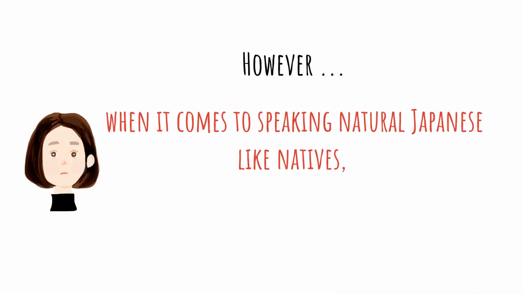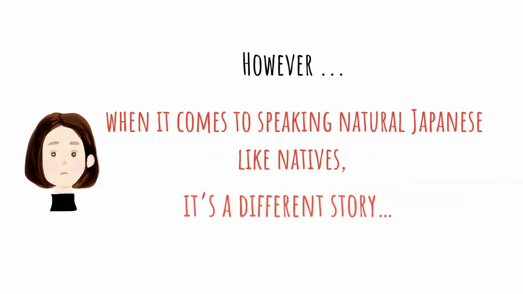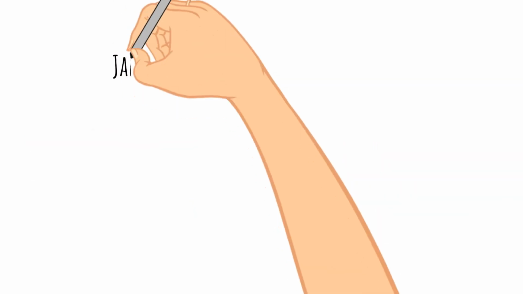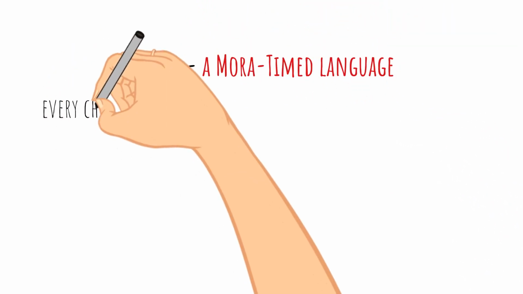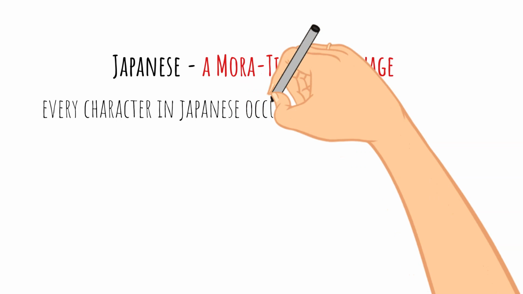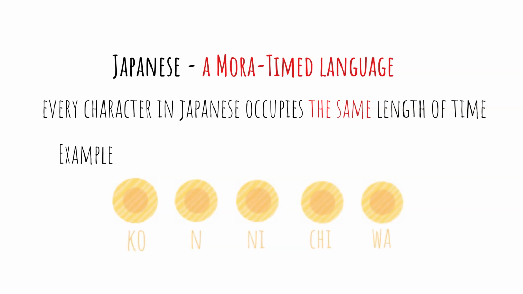However, when it comes to speaking natural Japanese, like a native, it's a different story. Japanese is what is called a mora-timed language. This means that every character in Japanese occupies the same length of time. For example, konnichiwa.